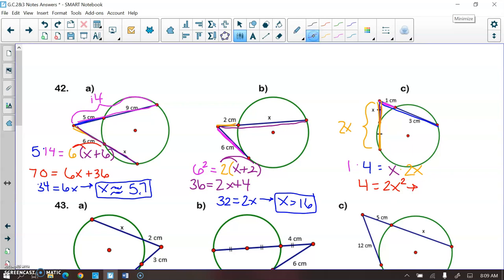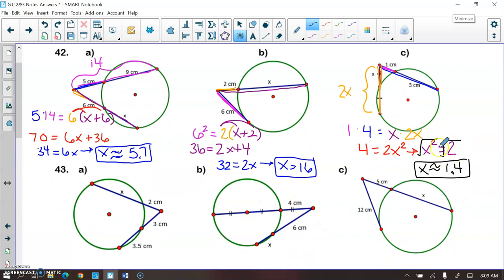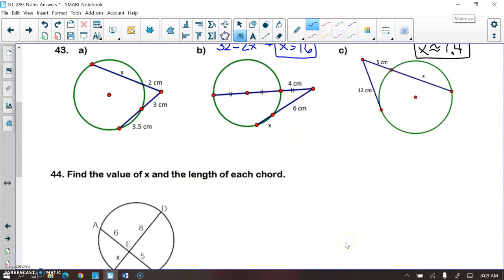Dividing by 2 on both sides, I get x squared is equal to 2. And taking the square root of both sides, I'm going to just have you round. Let's round to the nearest tenth. It's approximately 1.4. And I'm just having you round because it doesn't specify in the directions what they want. If it asked you for exact, you would just leave it as the square root of 2.